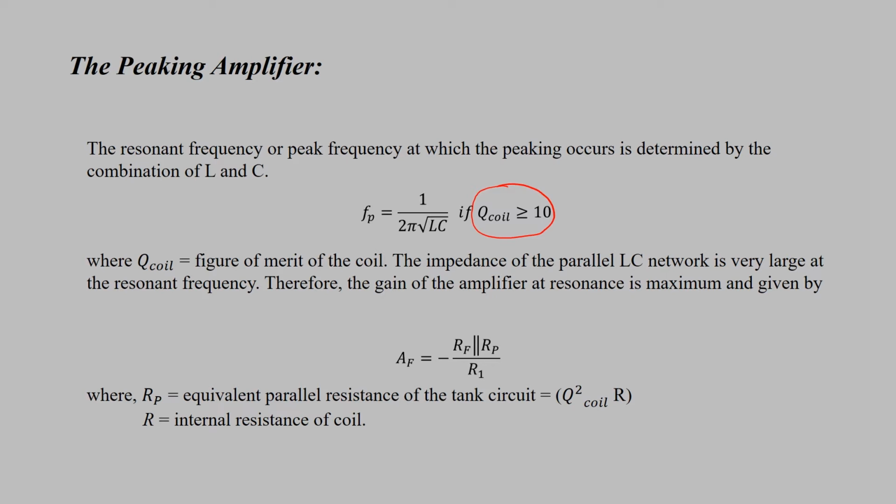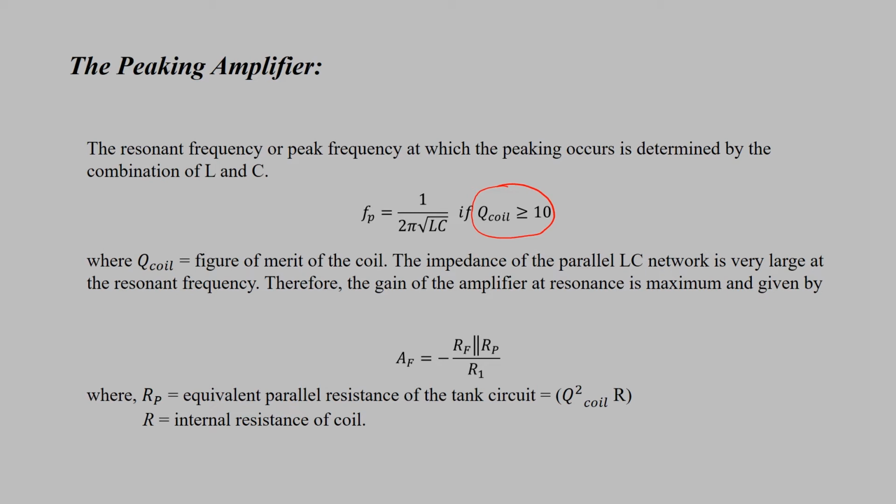Now the impedance of the parallel LC network is very large at resonant frequency. Therefore, the gain of the amplifier at resonance is maximum and is given by AF equal to minus RF in parallel with RP, divided by R1.